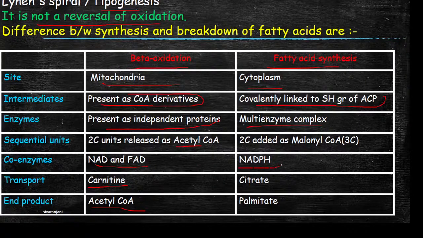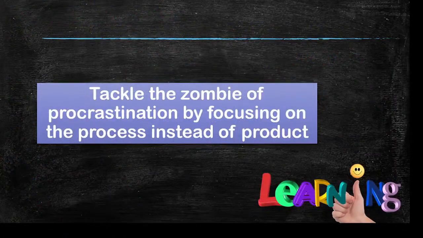The coenzyme required is NADPH. The transport system is the citrate transport system, and the end product is palmitate. So this is anabolism of fatty acid, and beta oxidation is catabolism, that is, breakdown, whereas fatty acid synthesis is the formation of fatty acid.